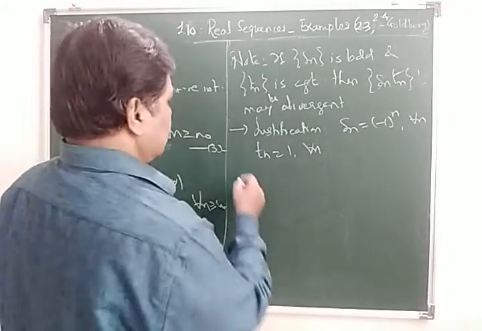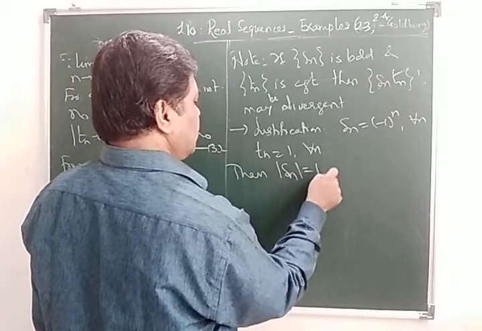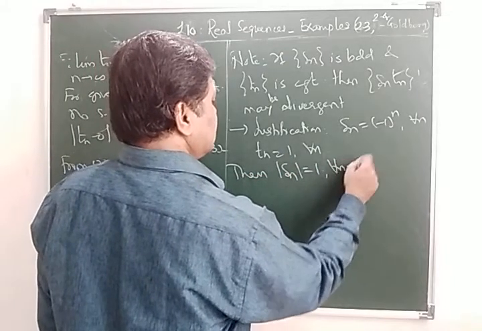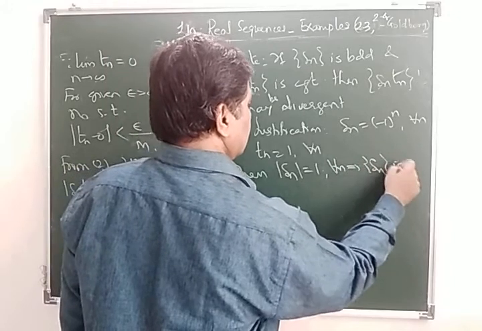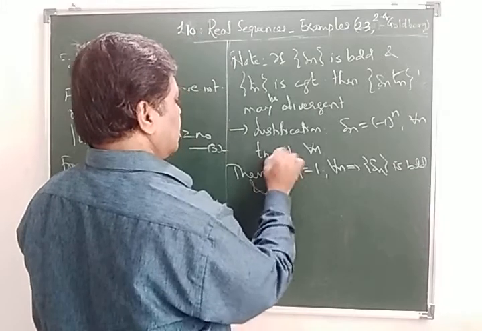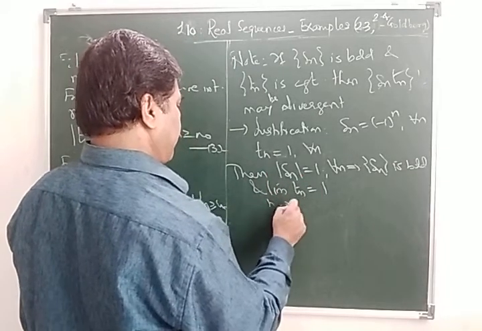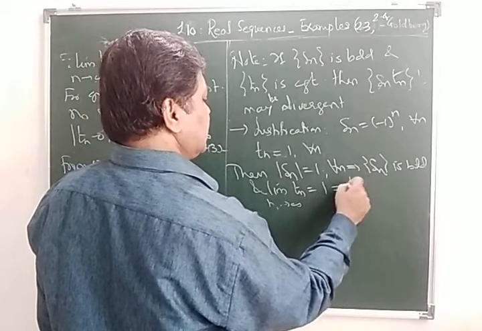Then mod Sn is equal to 1 for all n, which implies Sn is bounded, and the limit of Tn is equal to 1, which implies Tn is convergent.